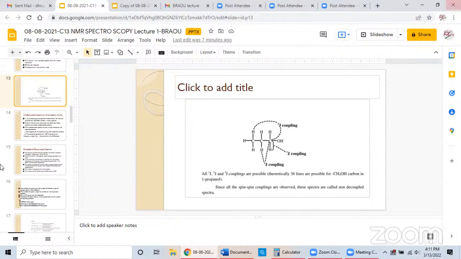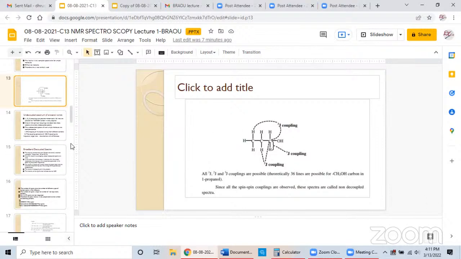Only in such cases we use it. Normally we will not use undecoupled spectra. Why? Because it will give you more signals based on that formula, 2Na plus 1 into 2Nb plus 1 into 2Nc plus 1. Based on that, if you calculate, you will get these many lines.